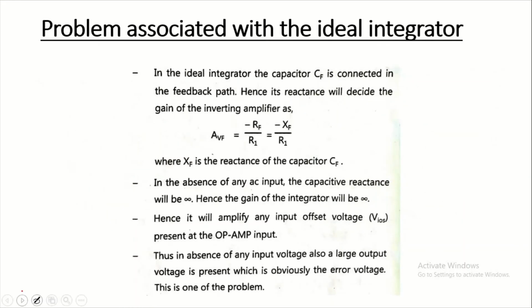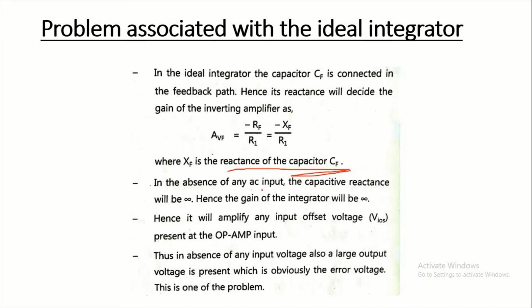Now, the problems associated with the integrator. In the ideal integrator, the capacitance CF is connected in the feedback path. Hence, the reactance will decide the gain of the inverting amplifier as AVF equal to minus RF upon R1, and instead of RF we write XF, meaning the reactance of this capacitance CF.